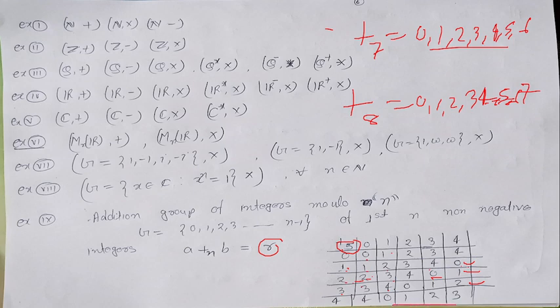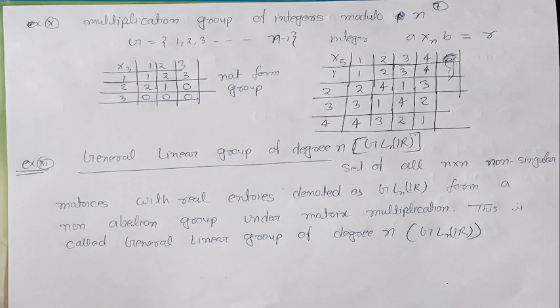And similarly in the 4 row, you can see in each row or each column every element is written there, 0 1 2 3 4. So in this way we can say that addition modulo 5 forms an abelian group, because you can see here 4 plus 3 equal to 2, and 3 plus 4 equal to 2. So we can easily say that this one also forms a group.